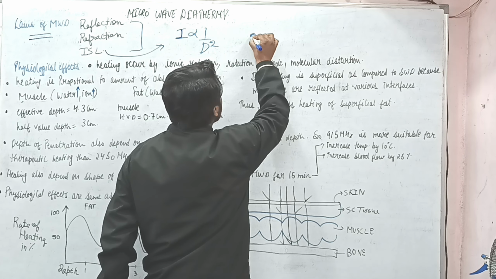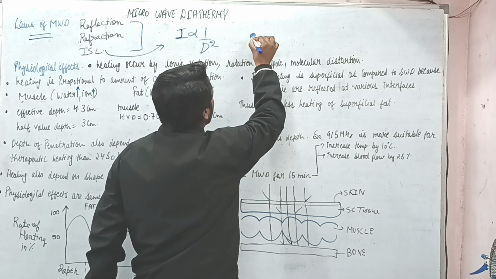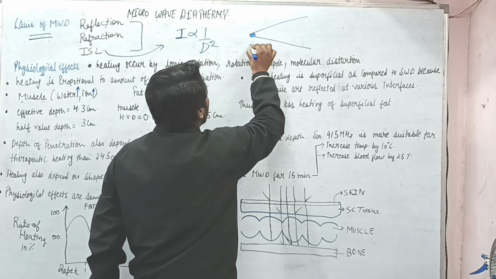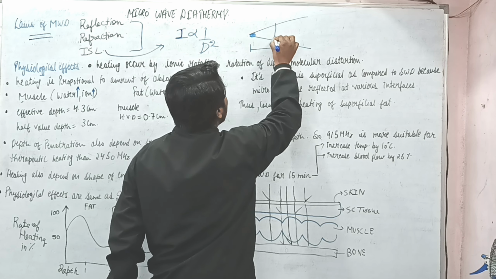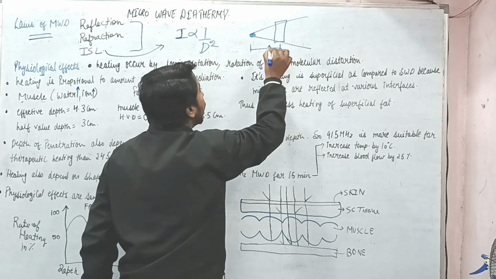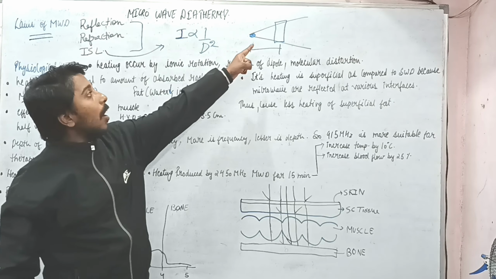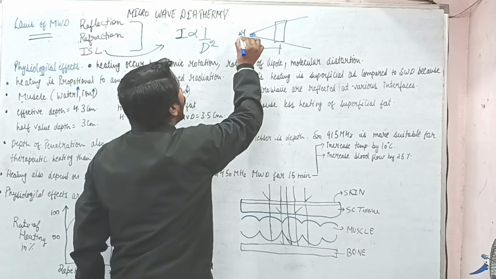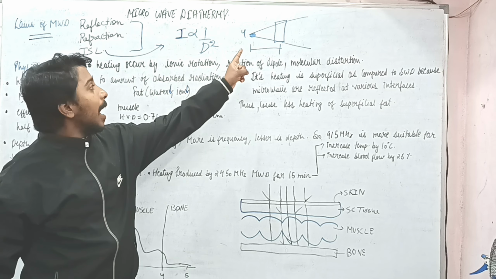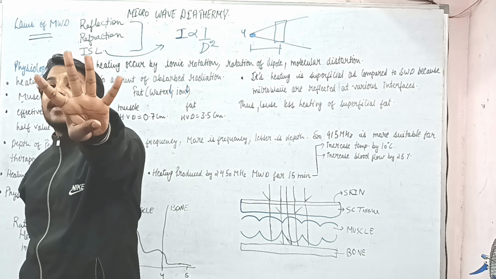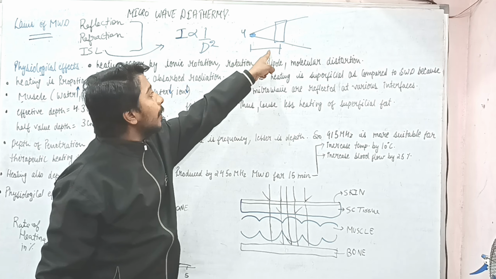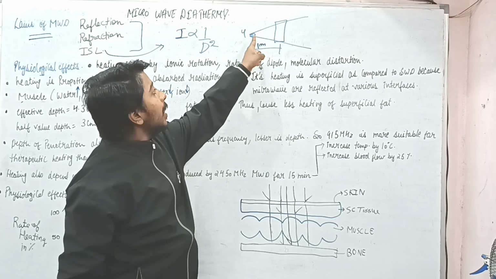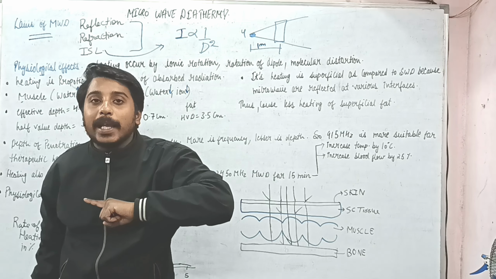Let us say this one is an emitter of microwave. It is emitting the radiation at a distance of 1 meter. It will cover an area of 1 meter square. Let us say this is emitting 4 waves. From that MWD emitter 4 waves are coming. So how many waves are in the 1 meter square area?